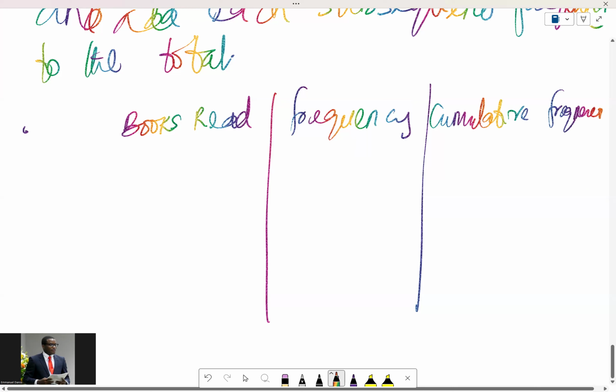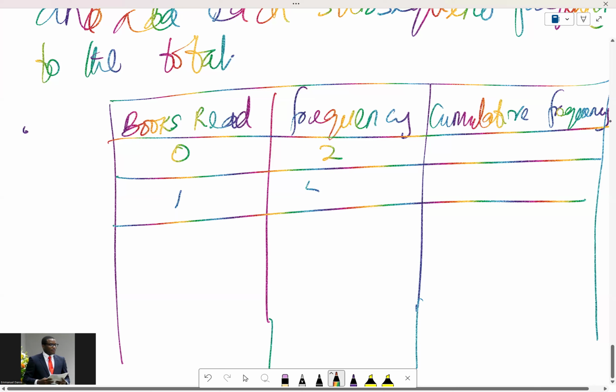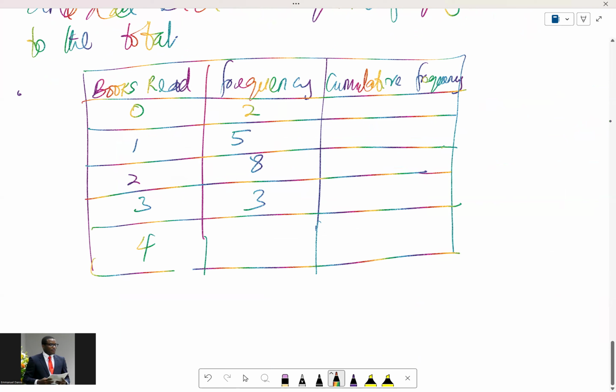So we have something like this. Previously we had 0 books read, and the frequency was 2. We had 1 book read, that was 5. 2 books read, that was 8. Then 3 books read, that was 3. 4 books read, that was 2.